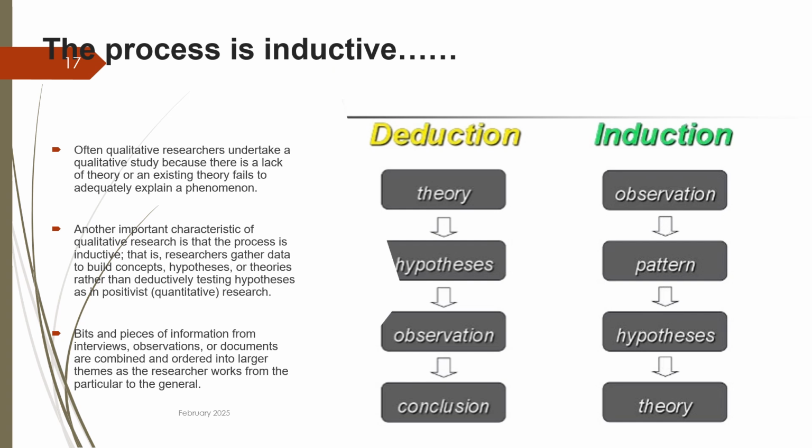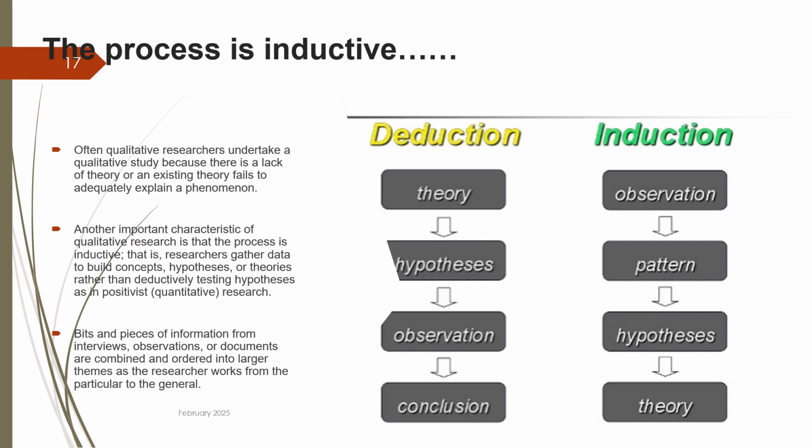The literature lacks such a theory, and you need to generate a theory. You cannot generate a theory using quantitative research. You need to do qualitative research to generate a theory. This is what we call the inductive process. Inductive process means using qualitative research to generate a theory for a particular issue.